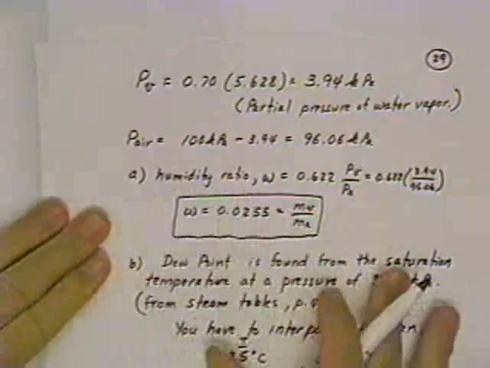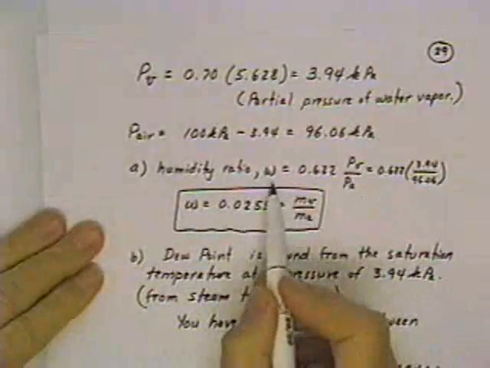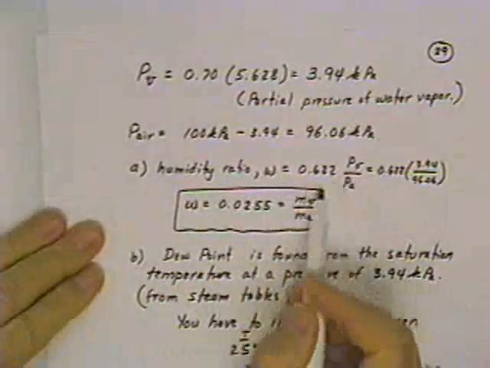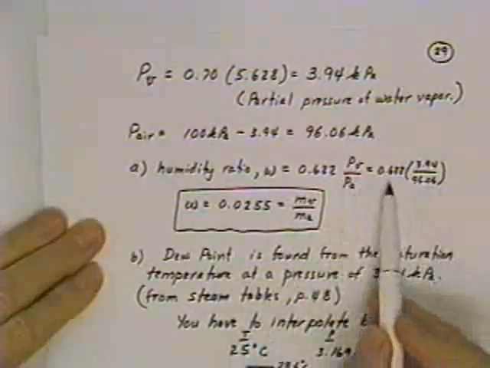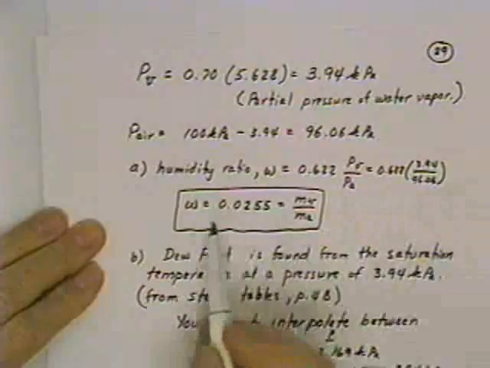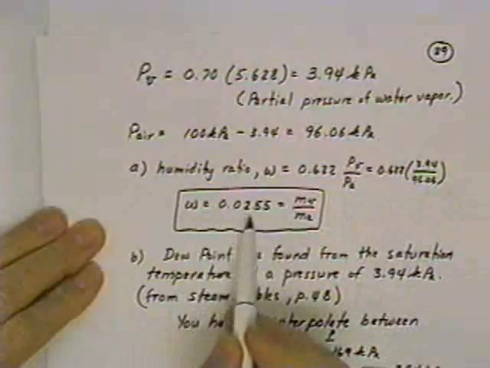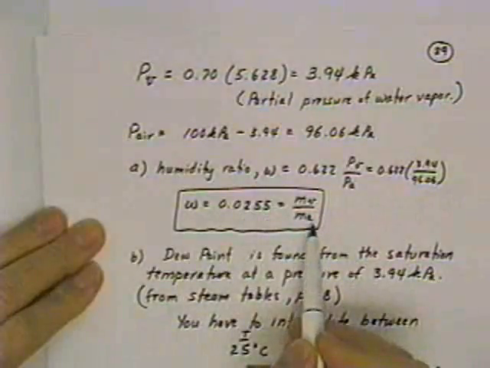Okay, humidity ratio then, defined by equation in your text. Humidity ratio omega is equal to 0.622 PV over PA, which is 0.622 times 3.94 over 96.06, and so omega comes out to be about 0.0255, which is defined as the mass of the vapor divided by the mass of the air.